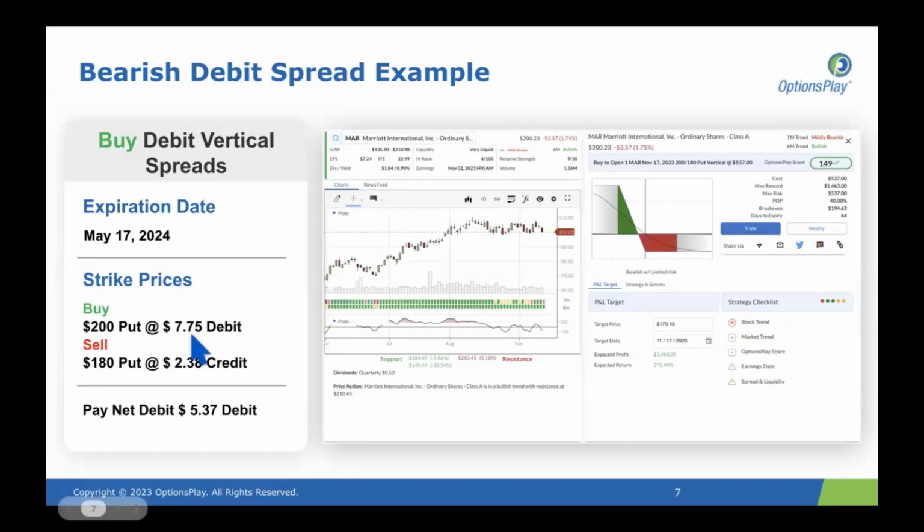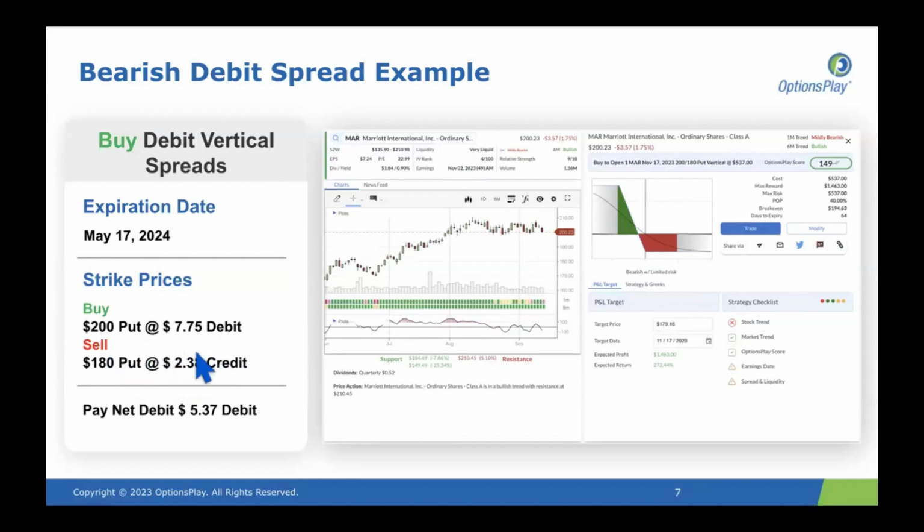So in this scenario, if we buy the 200 put, and we pay $7.75 for it, and then we sell the 180 put, we receive $2.38 for it. So this was real prices on this day, this screenshot set up inside the options play platform.